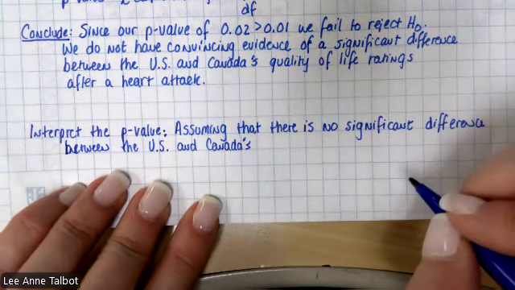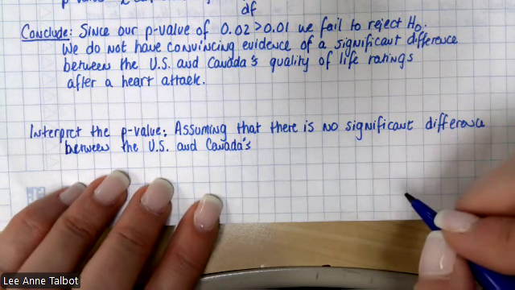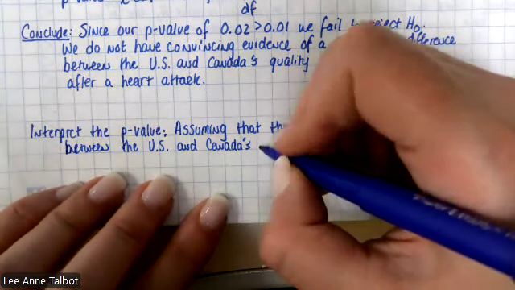P-value interpretation stat on the paper in your groups, please.